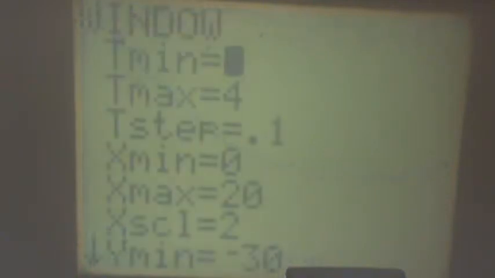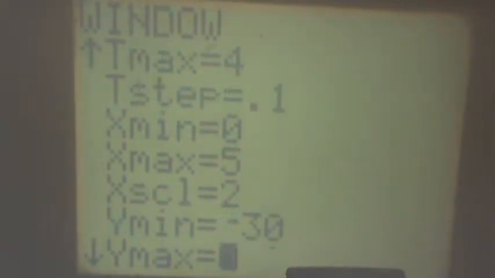And so I'm going to trace t equal 1, which is where I got the slope. And so there's t equal 1. Maybe I'll reduce it to x max being 5 and y min being like -10. Okay.